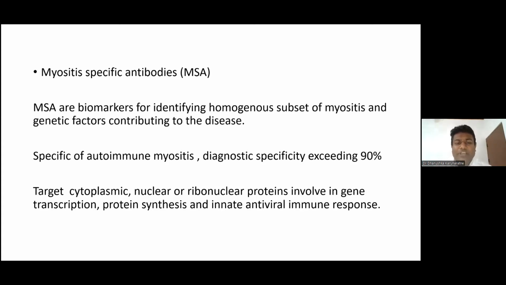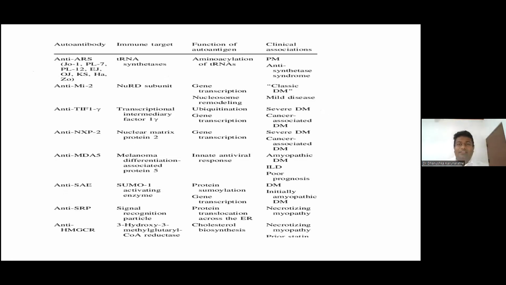They target cytoplasmic, nuclear, or ribonuclear proteins involved in gene transcription, protein synthesis, and innate viral immune response. And this is a table that shows all the clinically relevant myositis-specific antibodies identified and described so far, and under which we have our famous anti-synthetase antibodies, which are also known as anti-ARS antibodies.